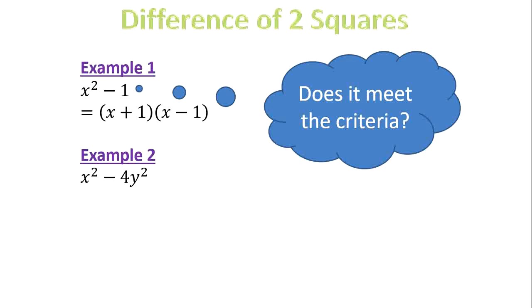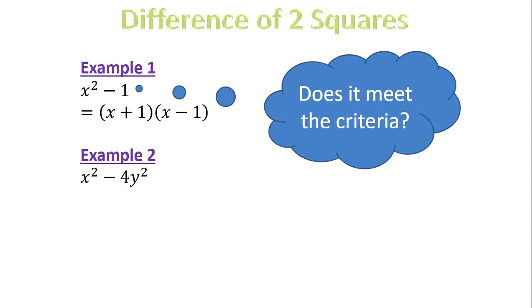So what times itself gives you 4? Hopefully you can see it's 2. And what times itself gives you y squared? Hopefully you can see it's y. And so 4y squared is a perfect square, because 2y times 2y gives you 4y squared.